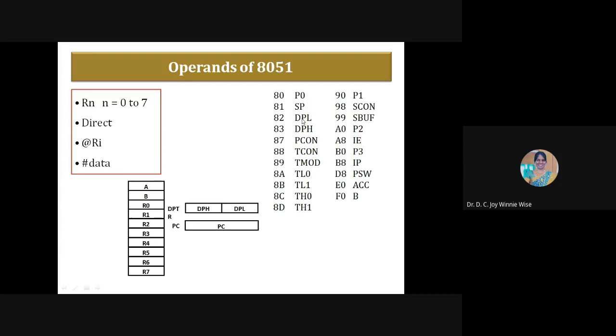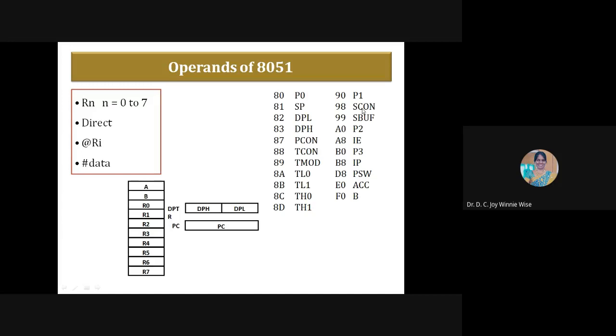So DPTR is divided into DPL and DPH. Then PCON is the power control register, then the timer control register and timer mode register, and to store the values, we have TL0, TH0, and TL1 and TH1 for the timers. And in memory location 90, we have port P1.